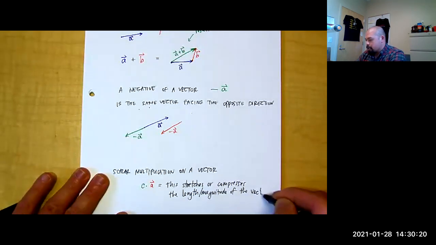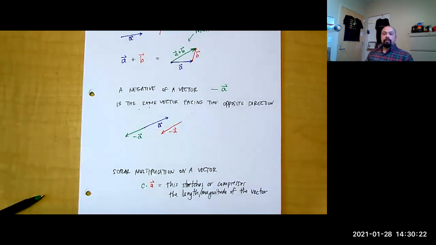So for those scalars, those constants C that are bigger than 1, it's stretching out, making that vector longer. For values of that scalar less than 1, some fraction, some decimal, it's going to compress it down. It's going to shrink it. If it's negative, it flips direction and also stretches or compresses, whatever that needs to do, right?